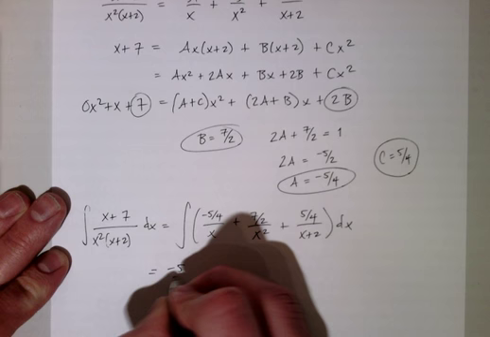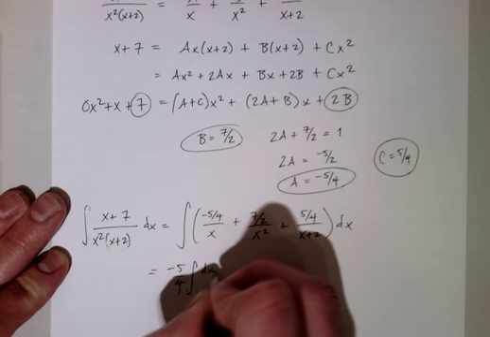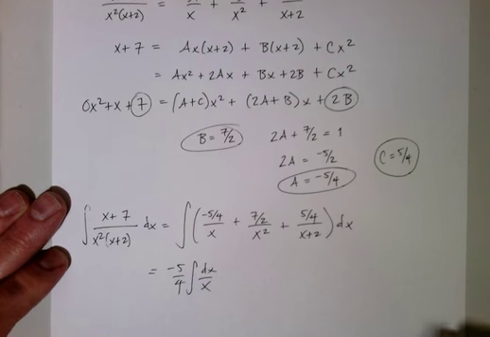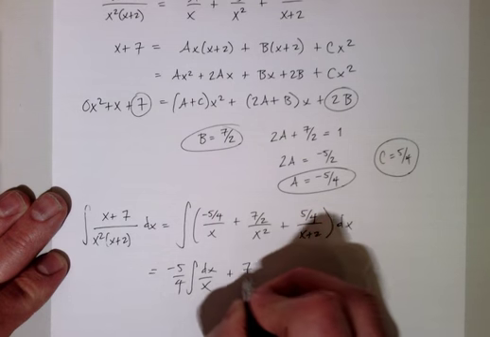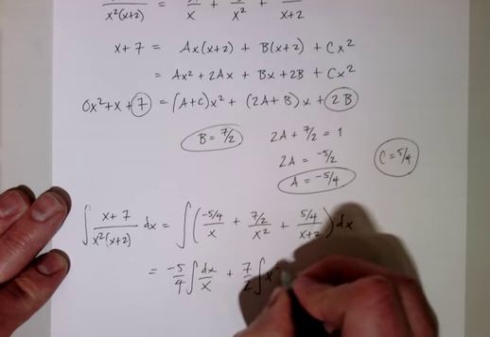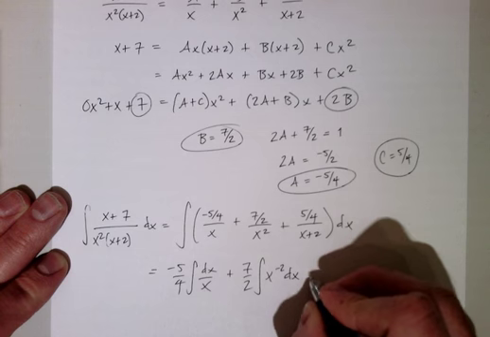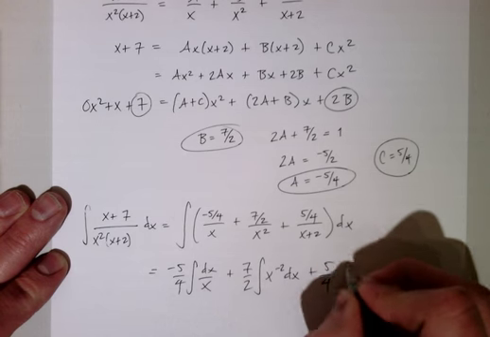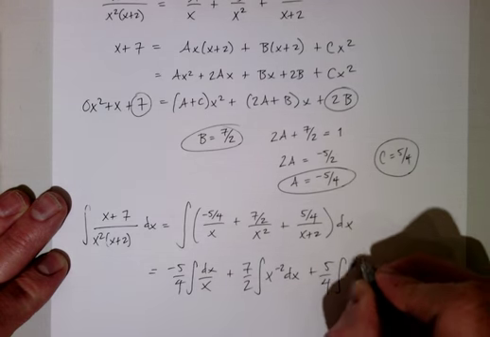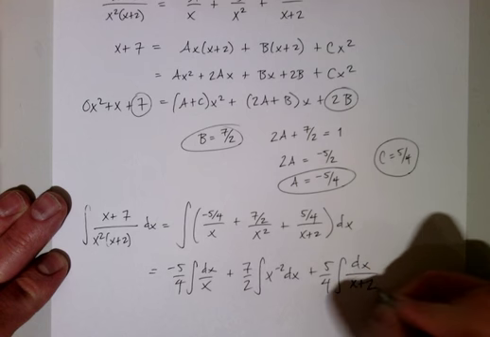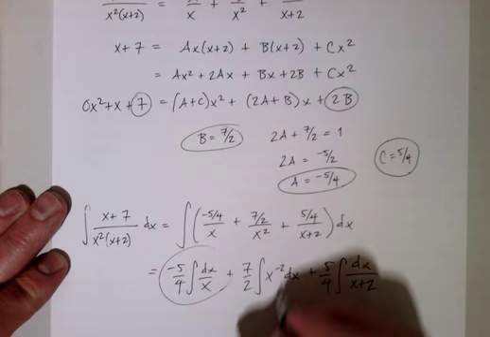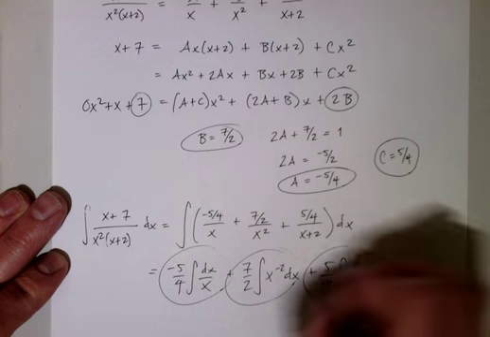We get negative 5 fourths integral dx over x. That winds up being relatively simple. I get 7 halves integral x to the negative 2 dx. That's rather simple as well. And as I've done in the past, I'm not going to go ahead and integrate these, but obviously this is natural log, this is undoing the power rule, this is natural log.